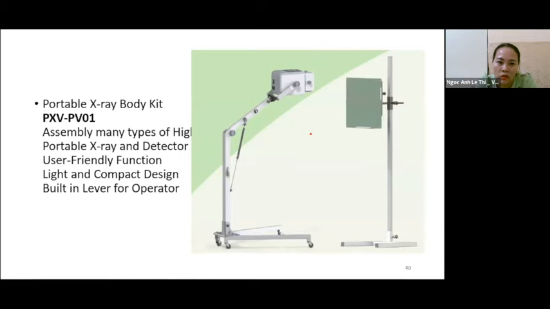So we discussed with the stakeholders and USAID Vietnam that there is a kit here, as you can see, that can be used to hang the detector of the UP X-ray system in a good manner. So the quality of the chest X-ray is not affected by unstable detectors. Next, please.